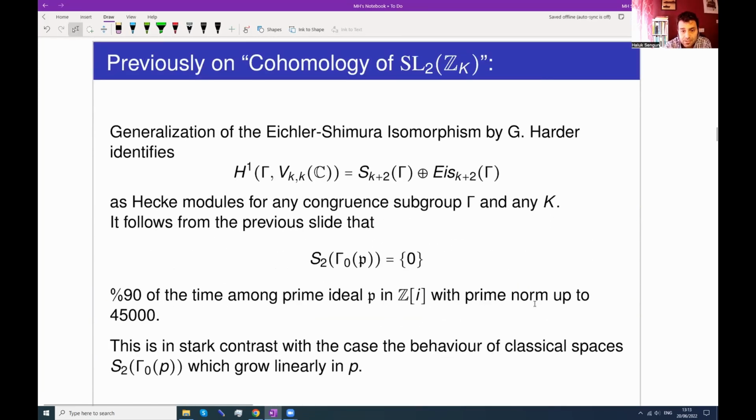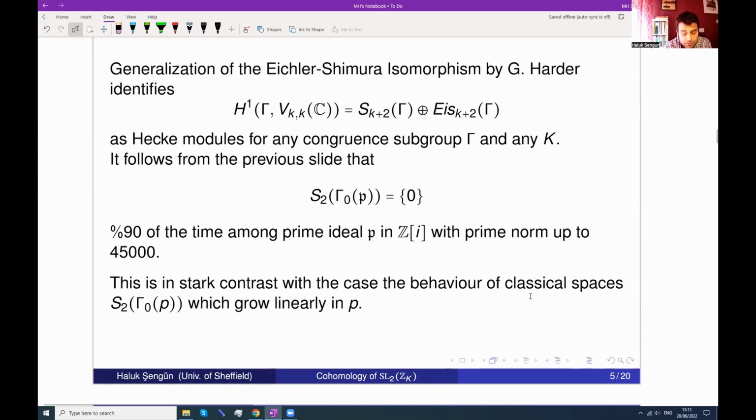And I also mentioned that, of course, one of the big motivations to look at cohomology of these modular groups is connections with automorphic forms.